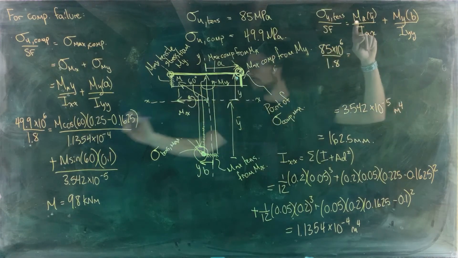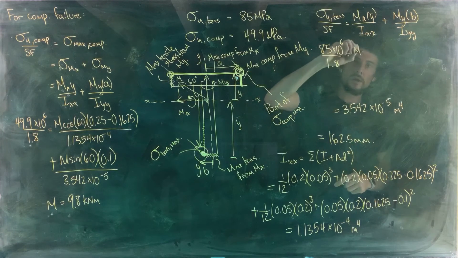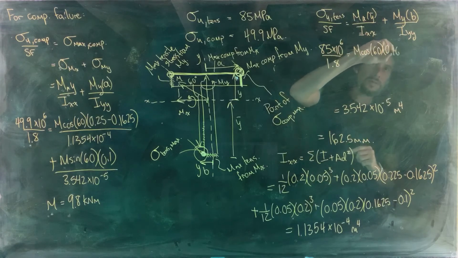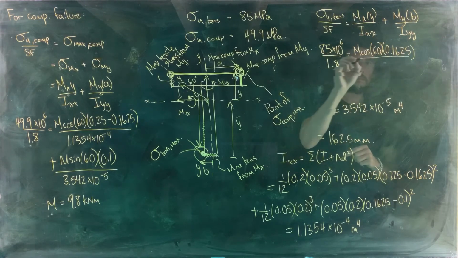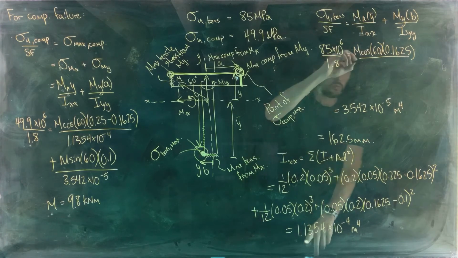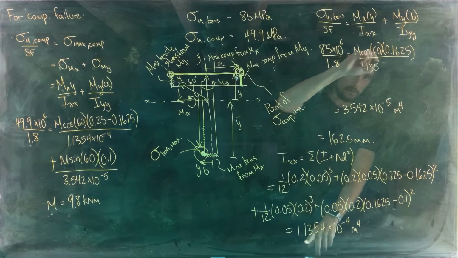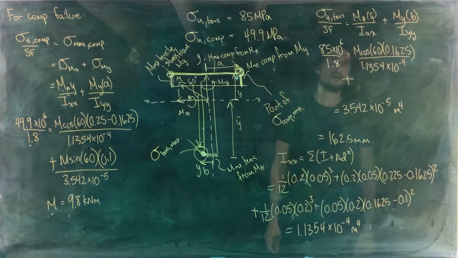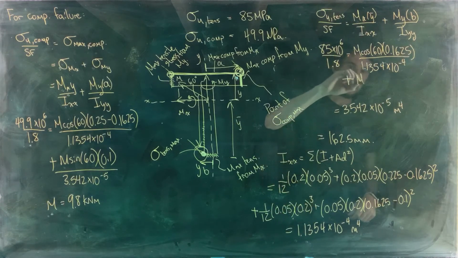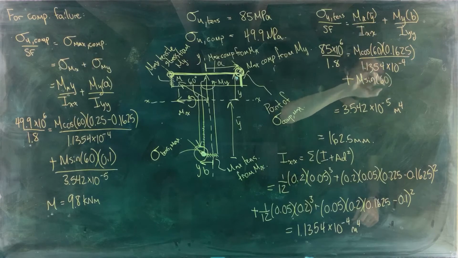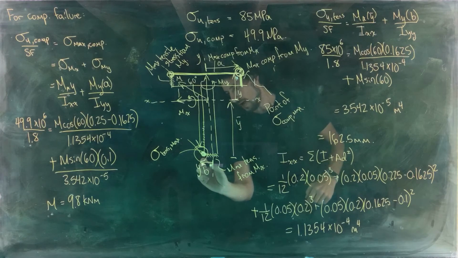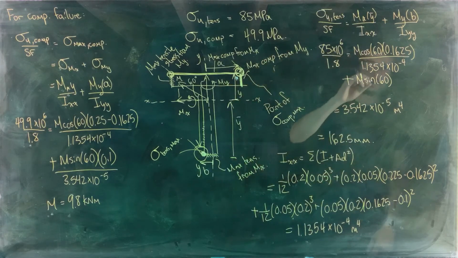Mx, we've already said that that's M cos 60. M cos 60 y bar, we know what that is, 0.1625 divided by Ixx, 1.1354 times 10 to the minus 4, plus, now we add on the second term here, My, M sin 60 multiplied by distance b here, which is half the width of that piece, so 25 millimeters.